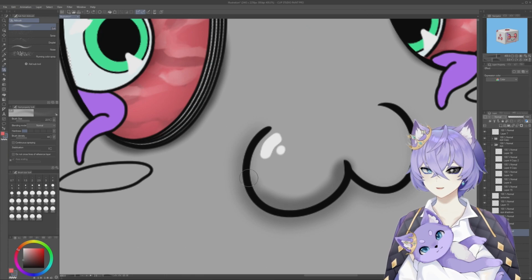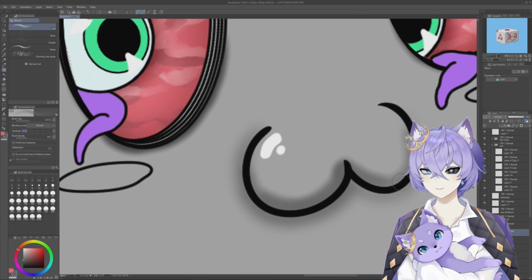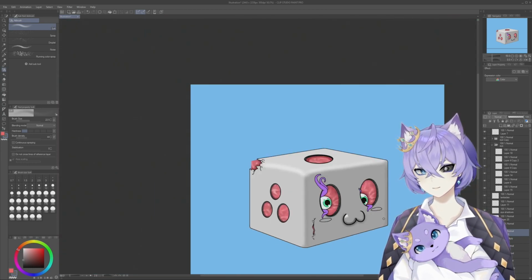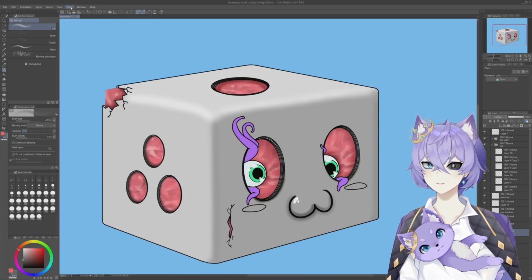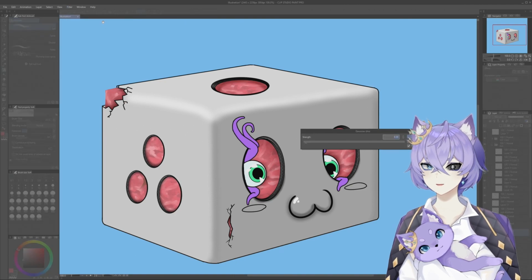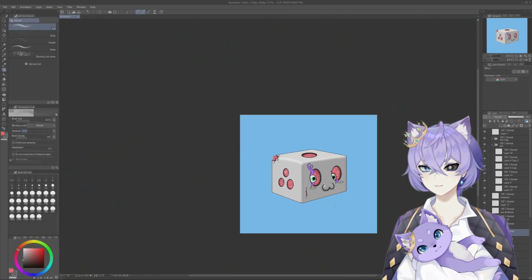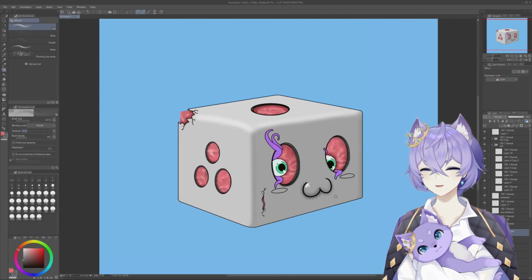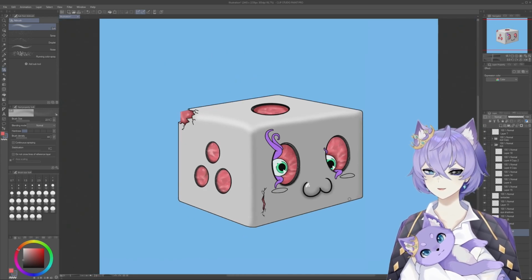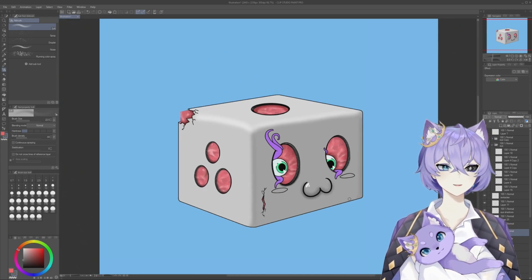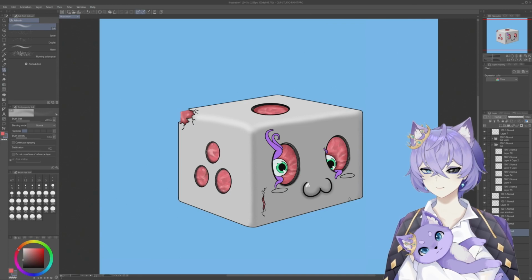Let me see if I need shading below it, or does that just kind of take care of itself? Filter, blur, Gaussian. Let's go a little bit stronger on this. There we go. There's your puffy ooh lips.